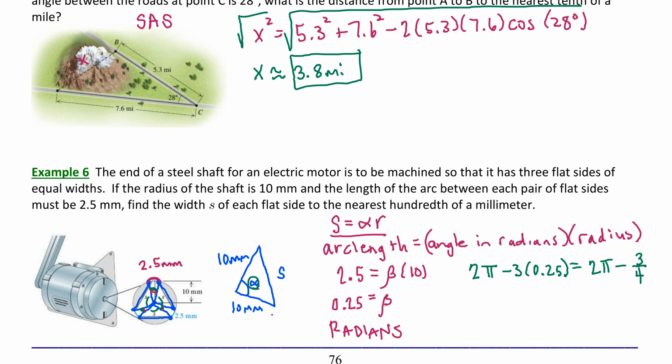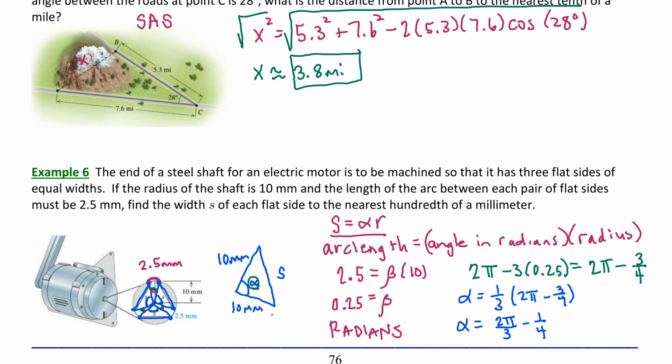So this is the leftover amount of radians in one rotation around the circle that can be accounted for by the central angles of our 3 congruent triangles. We only need one of those. So alpha is going to be 1/3 of this leftover value, 2 pi minus 3/4. If we simplify that, we can call that 2 pi over 3 minus 1/4.